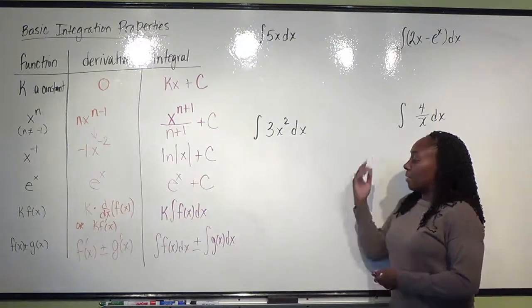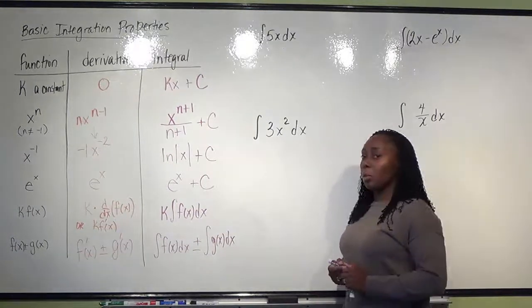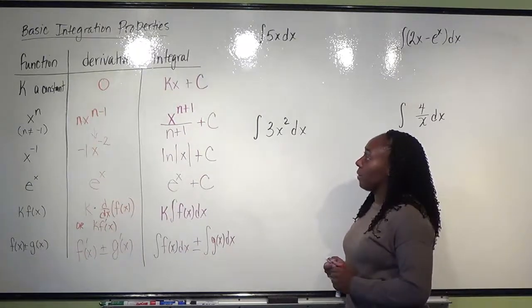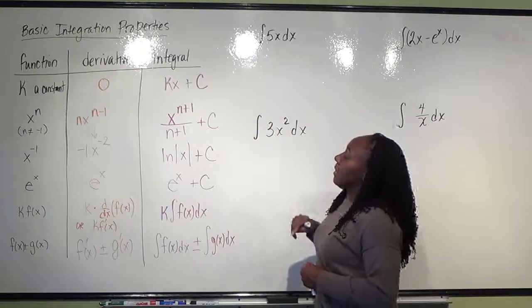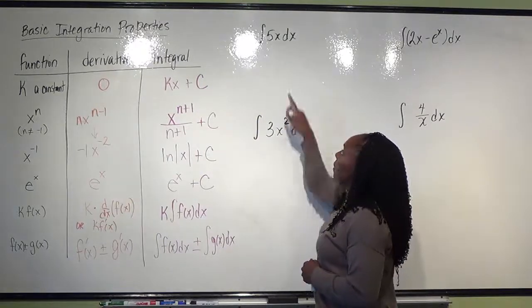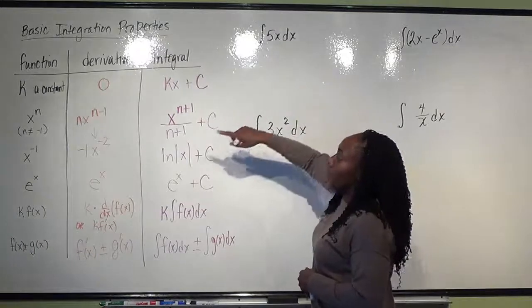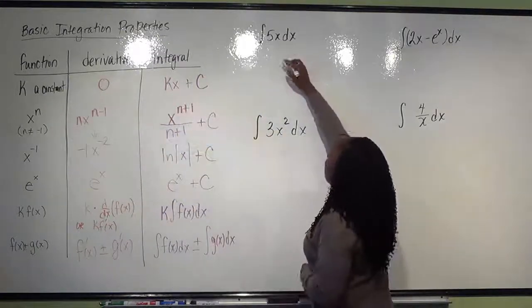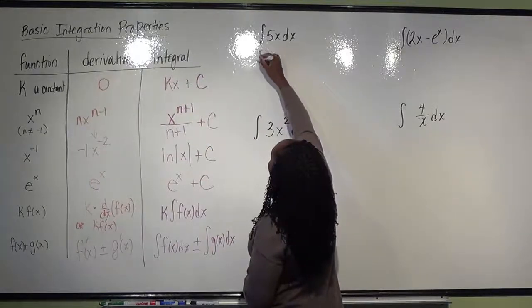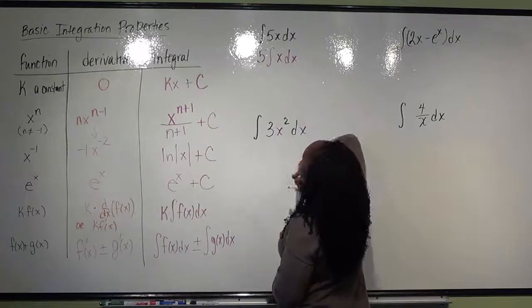Okay. So in this case, we've just got a few of them. We're going to use our basic properties to find the antiderivatives. So in this first one, the integral of 5x dx, if we look, this is basically just a coefficient times our x. X here we can think of as x to the first power. So here, I'm going to bring that 5 out front, and I'm basically looking at the integral of x dx.